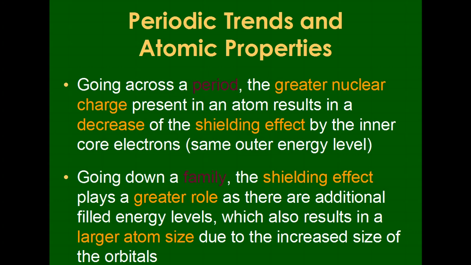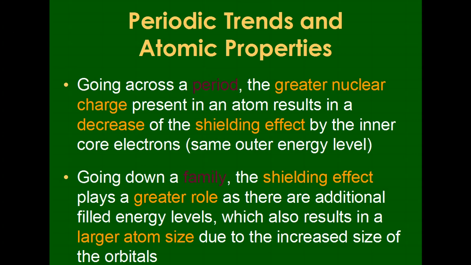Regardless of the trend we're looking at, when we are going across a period, we are staying within the same outermost shell when we're filling our electron configurations, but the protons are increasing in number as we move across, so that means our nuclear charge is increasing.